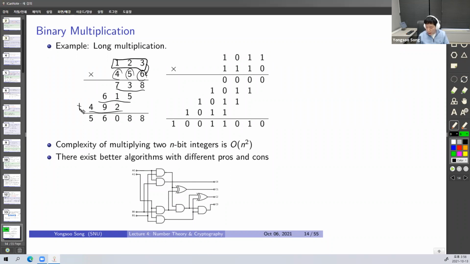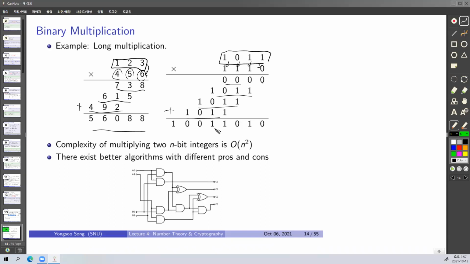And you perform addition between these three numbers to obtain the final result. The same is done here. You multiply this number with these 4 bits, and here's the result, and you add these 4 numbers to obtain the final result.